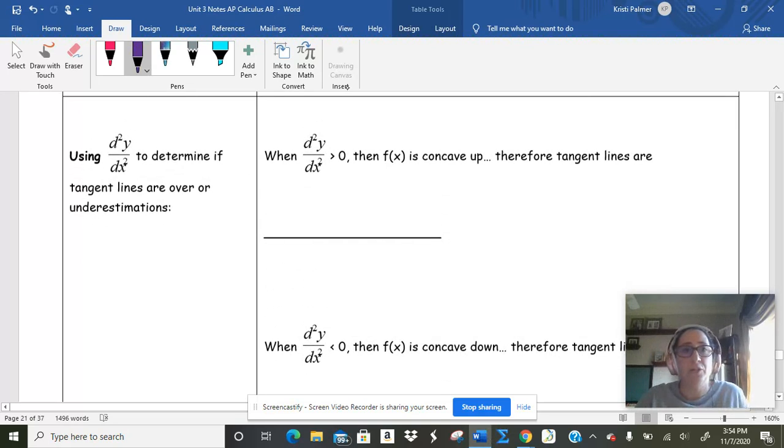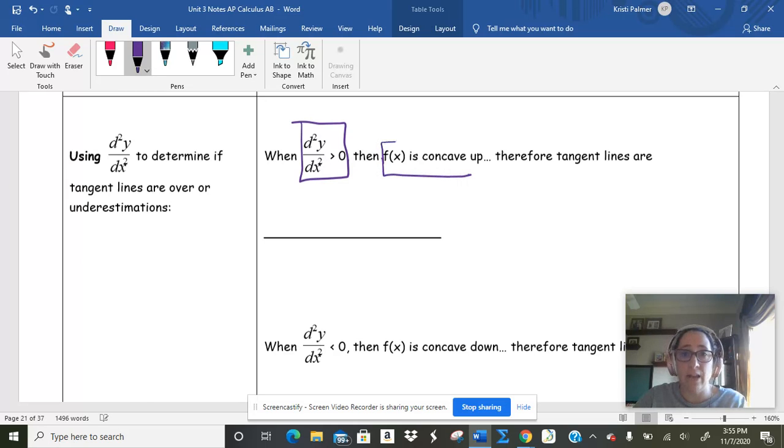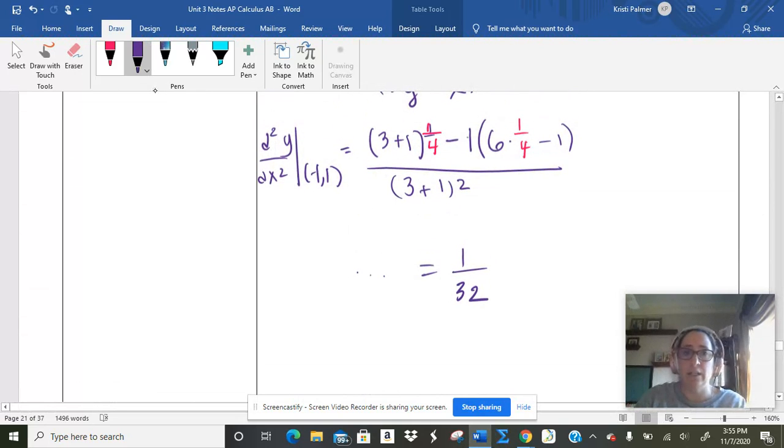Okay, so do you remember when we talked about if we're concave up, tangents are below, and when we're concave down, tangents are above? Well, now I'm going to tell you how to know concavity without looking at the graph. When the second derivative is greater than 0, f of x is concave up. So if we can say that second derivative is greater than 0, kind of like how we did here, the second derivative at this point is greater than 0.